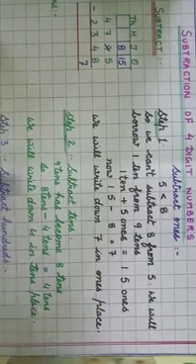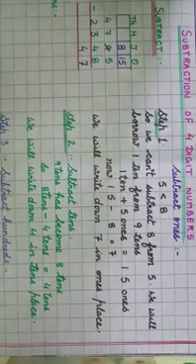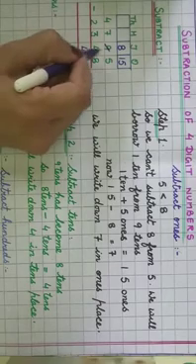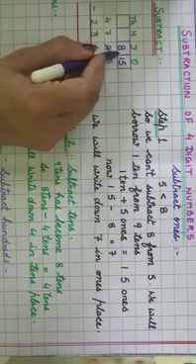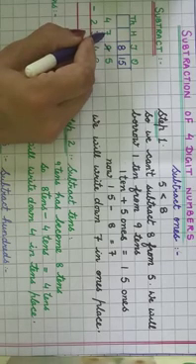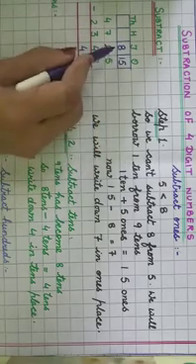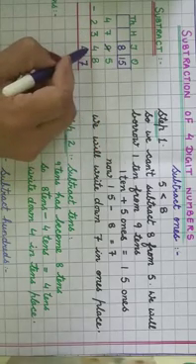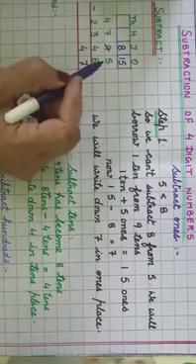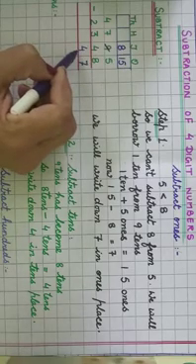So 8 minus 4 is 4. 8 is more than 4, so it will not borrow from the next digit. Clear beta? When the upper number is greater or equal to the lower number, then there is no need to borrow. So simply we will subtract 4 from 8. 8 minus 4 is 4.